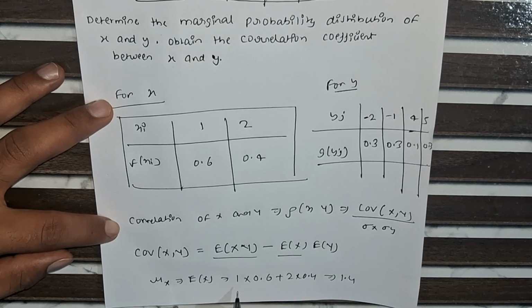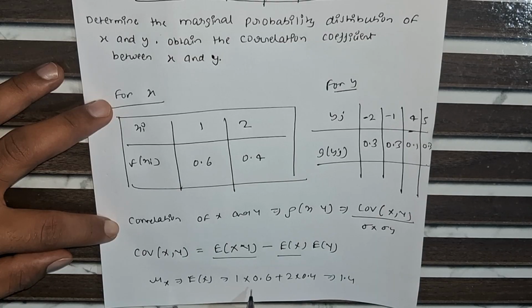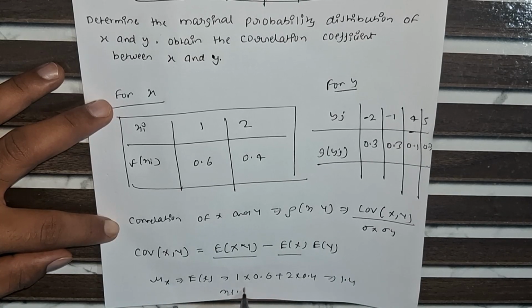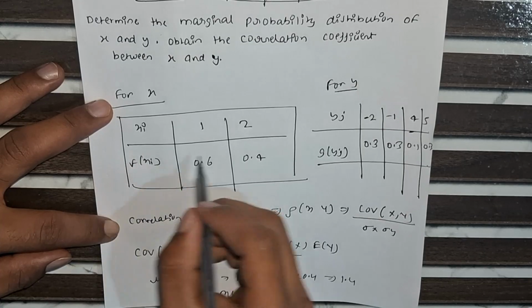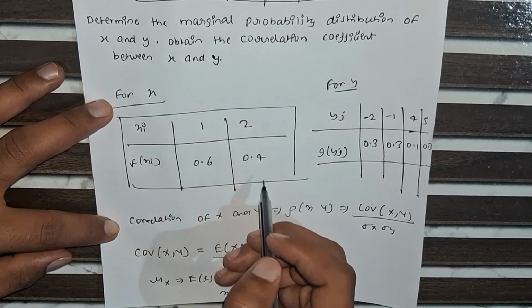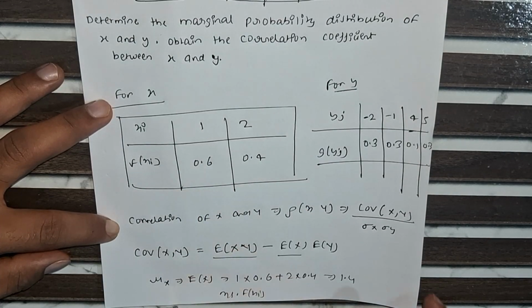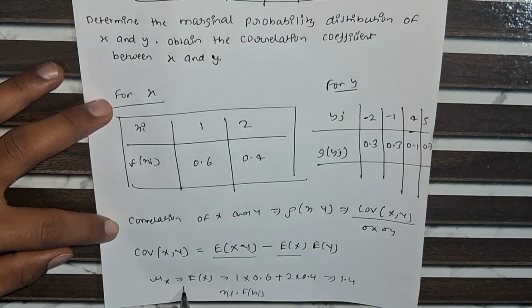Here I am writing directly, but we are using the formula summation of xi into f of xi, because we have to multiply 1 into 0.6, 2 into 0.4. So this is our expectation of x.